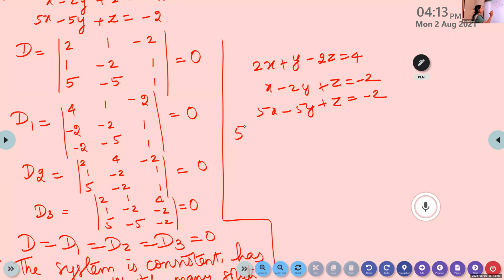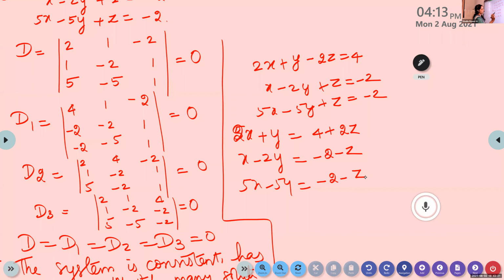Here we take the z term to the other side: 2x plus y is equal to 4 plus 2z. x minus 2y is equal to minus 2 minus z. And 5x minus 5y is equal to minus 2 minus z.